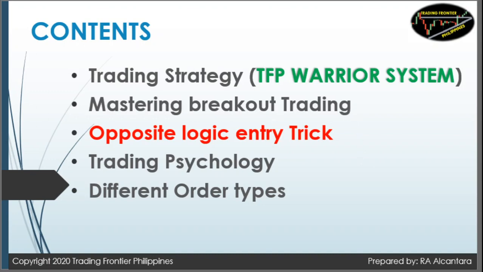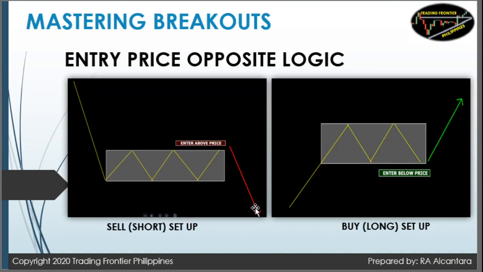So, di ba, paano nga ba natin i-apply itong opposite logic entry trick? Okay. So, sabi dito, this is just a concept. Sa isang sell or short setup, kapag daw ang price ay bumaba, and then what?